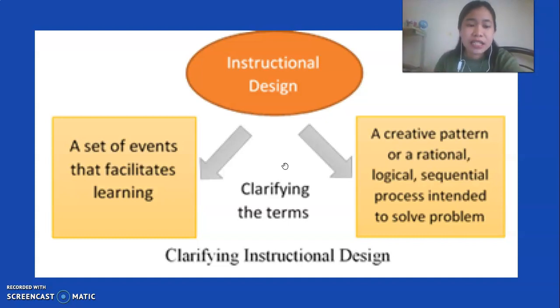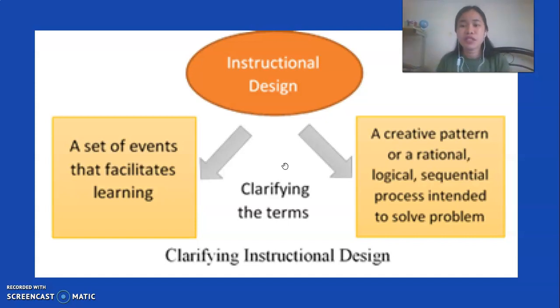So it says here on the left box, if you can see, instructional design is defined as what? As a set of events that facilitates learning. And on the right box, it says that instructional design is a creative pattern. So if instructional design is a set of events in a creative pattern, then as we can also observe with the lesson plan, a lesson plan is actually what?